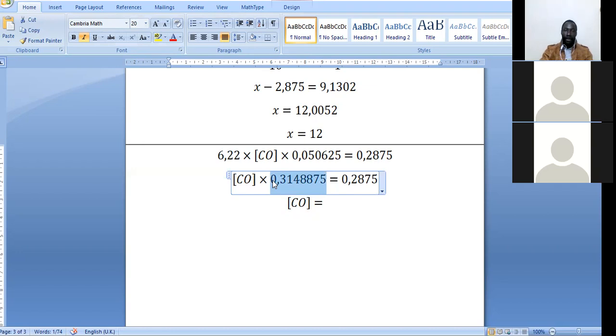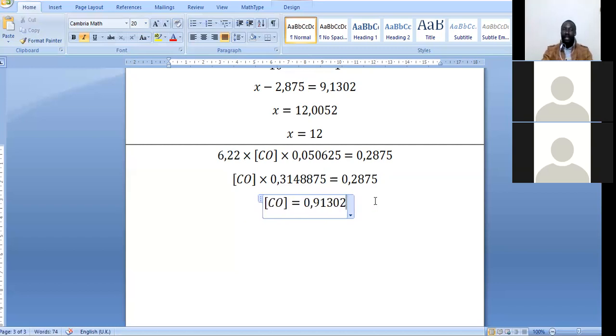Okay, so with my calculator here, I'm getting 0,91302 plus some other values, like 4, 4, 9, 2, 8, 7. Those are the other values. It's not very necessary to have all these other ones. We just reduce it to that value.